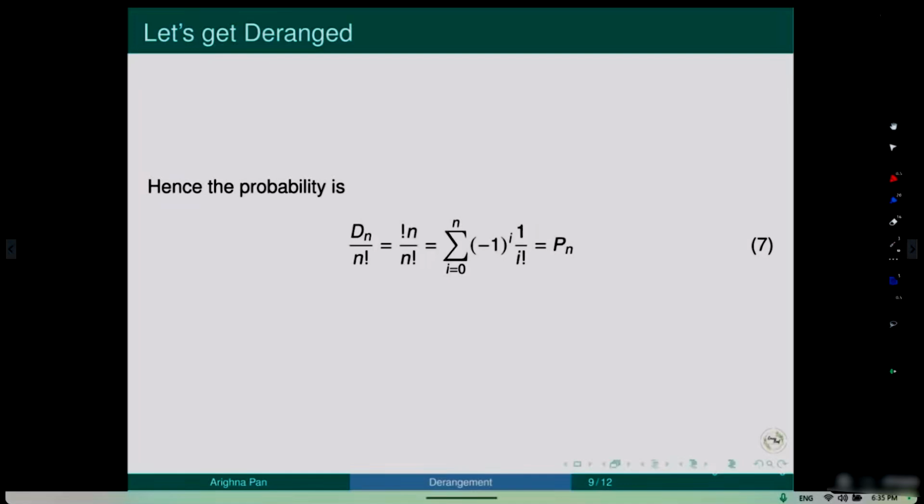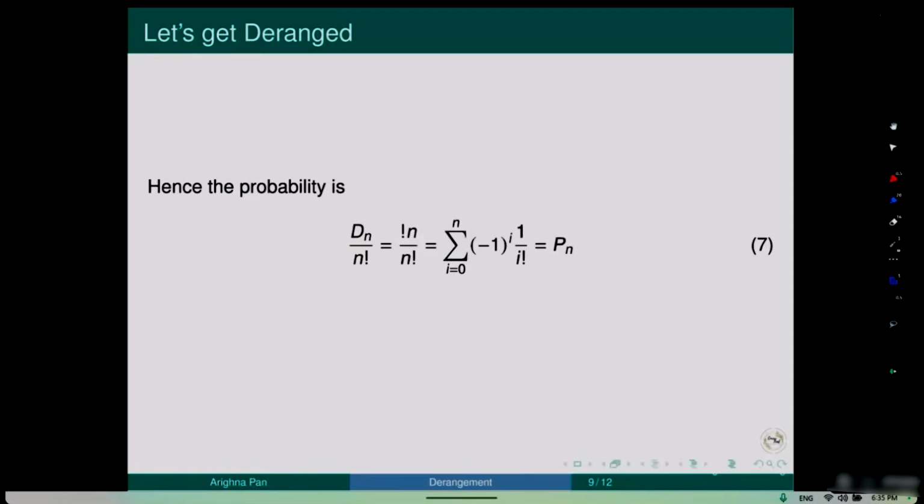So what is the probability? The probability is just all the possible events, all the ways of the possible events, divided by the size of the sample space. The sample space is n factorial, right? Because n factorial is the number of ways that any code can get picked.